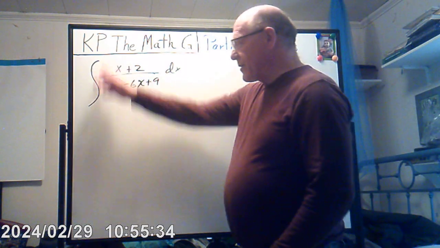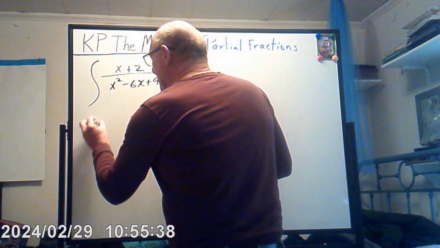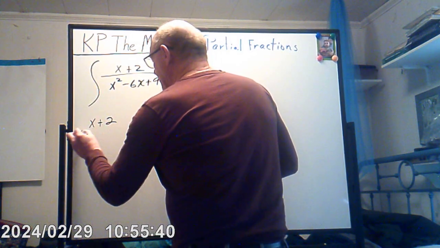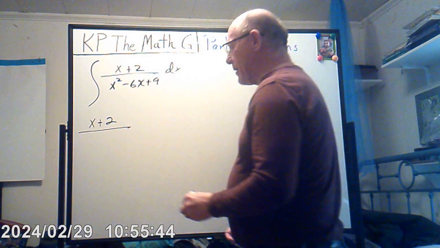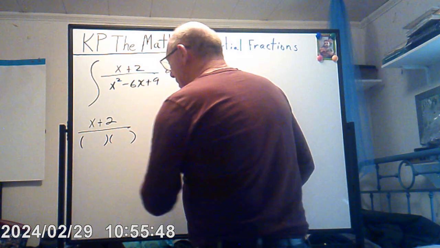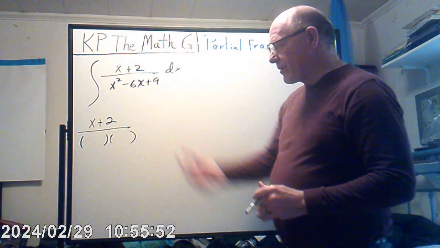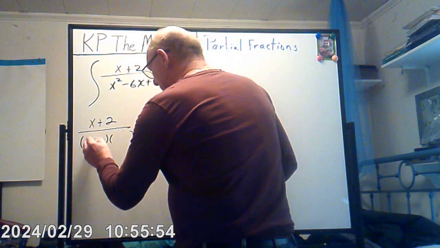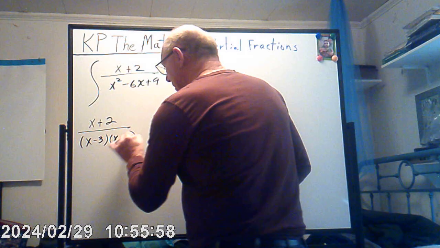Let's take this integrand off of here for the time being. We'll put it back up there, but for right now I want to factor this. And you'll see, if you haven't already, this factors into x minus 3 times x minus 3, doesn't it?